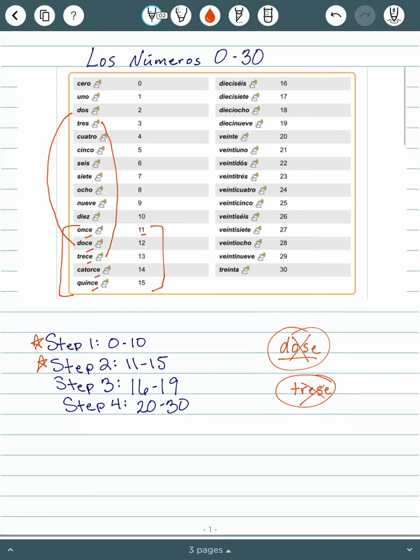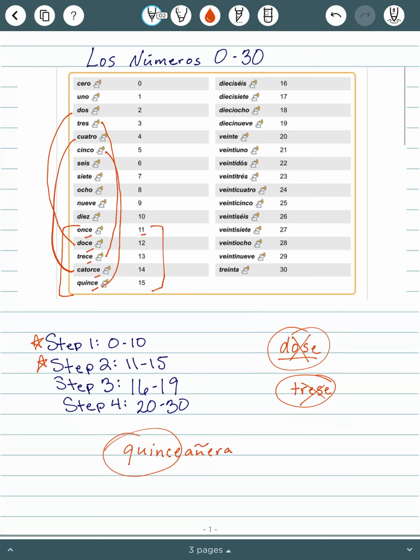Now with 4, cuatro, and 14, catorce, that's a bit more of a stretch, but they're still pretty similar. So just work on that. Cuatro, catorce, they're similar. And then 15, that one really does not look like 5, cinco and quince. But with quince, if you have ever heard of a quinceañera, that is a big deal.